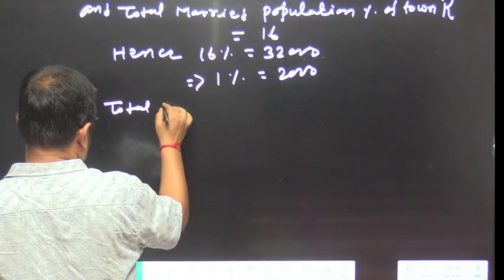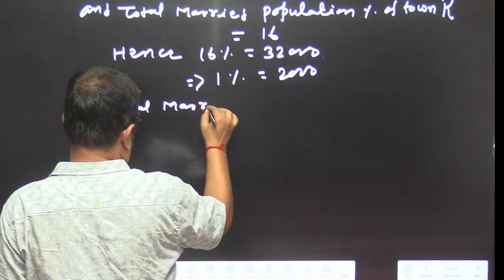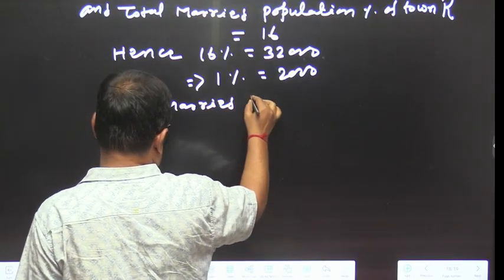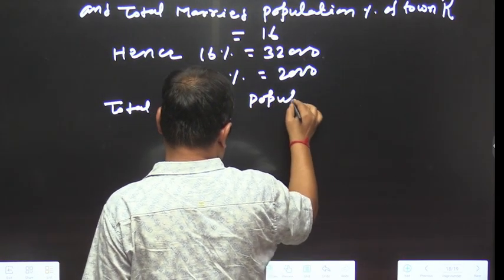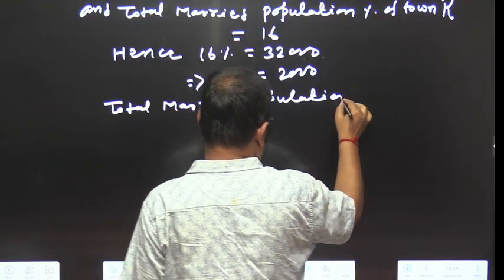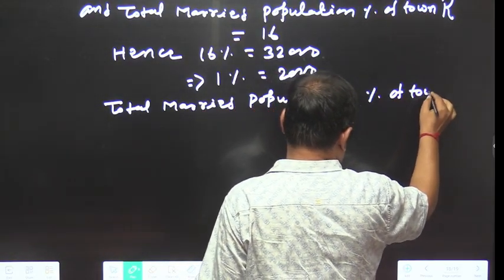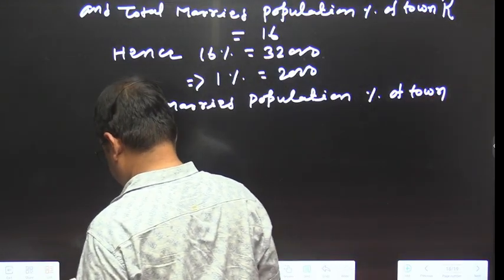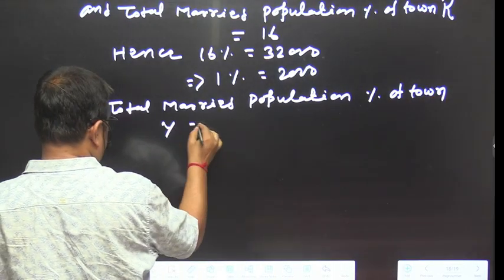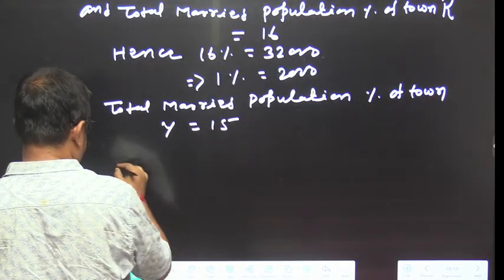The total married population percent of town Y equals 15%.